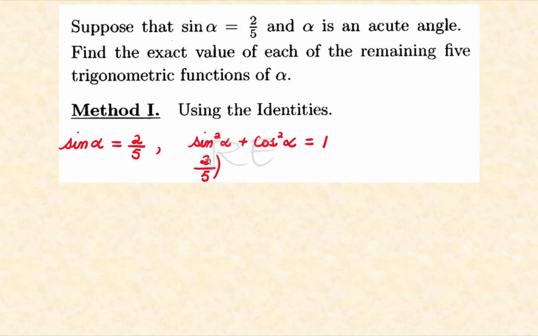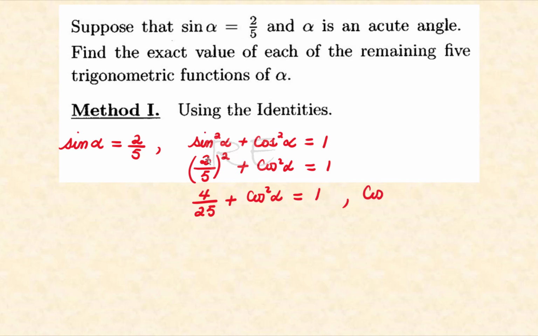2/5 squared, replacing sine alpha by 2/5, plus cosine squared alpha is equal to 1. 4/25 plus cosine squared alpha is equal to 1.